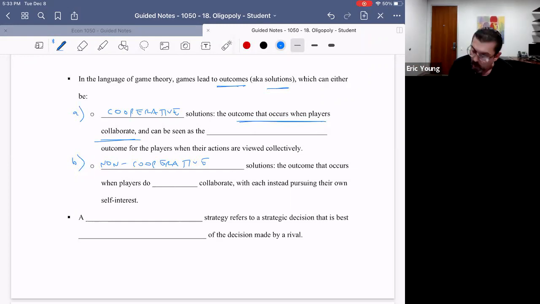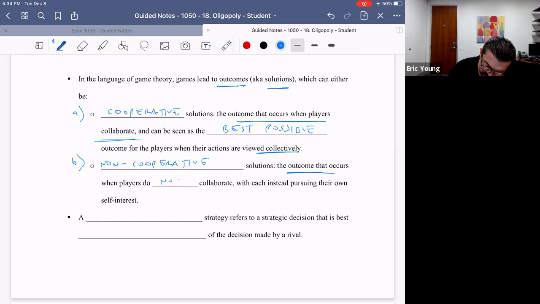You can see the cooperative solution as the best possible outcome for the players when you view the outcome collectively. So a cooperative solution will lead to the best possible solution for the cartel as a whole, for the game as a whole. A non-cooperative solution, on the other hand, is the outcome that occurs when players do not collaborate.